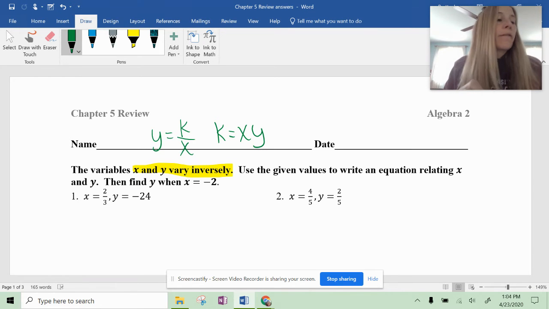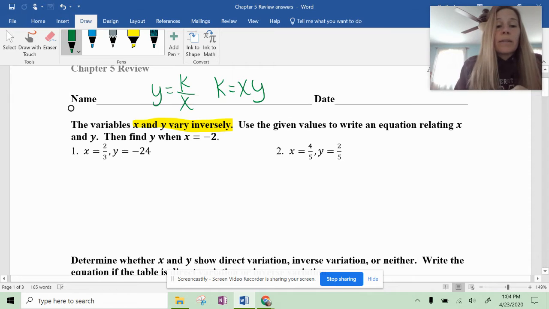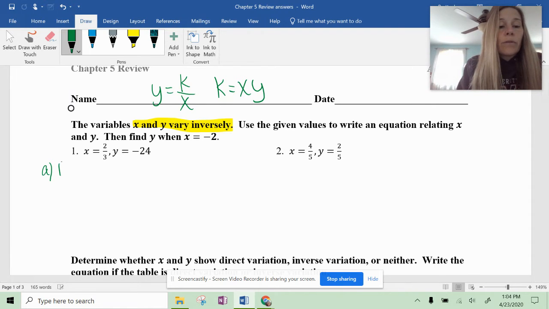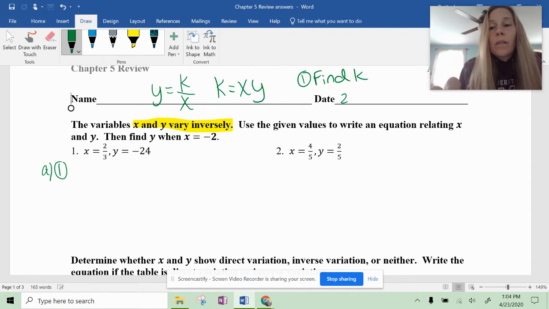So if you remember back from our notes, which of course you can reference when you're taking your test, you are going to basically do 3 steps. So part A, you're going to have to first find K. Then the second thing you're going to do is write the equation.